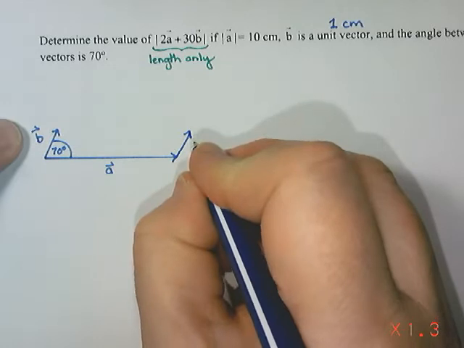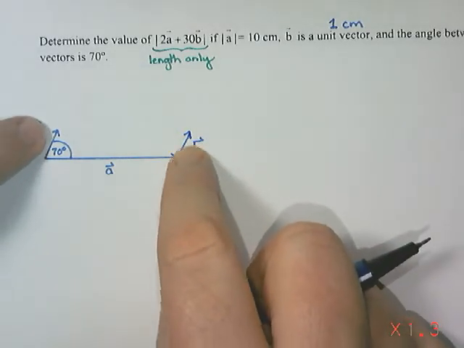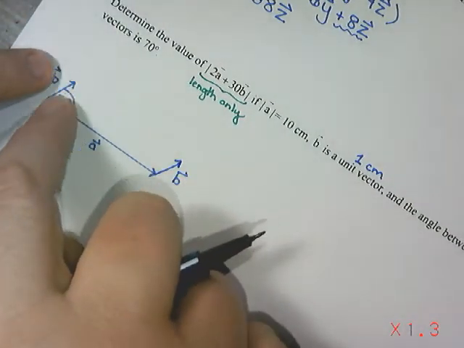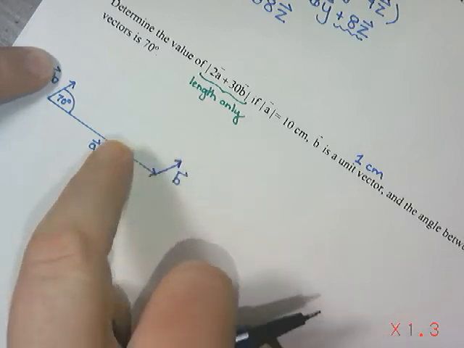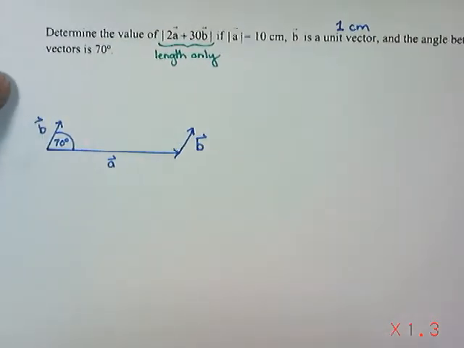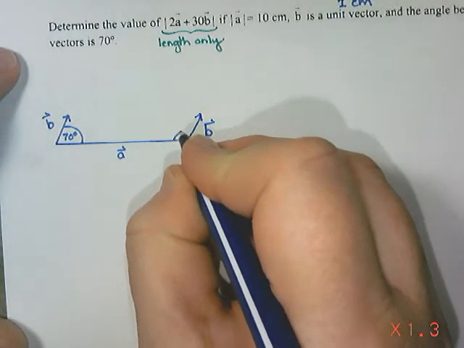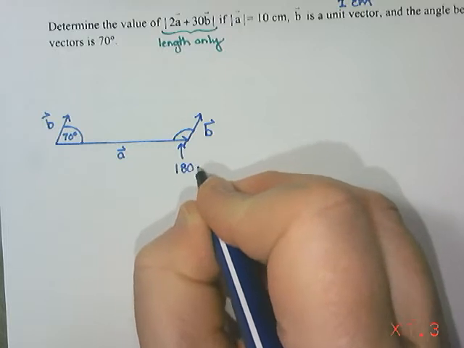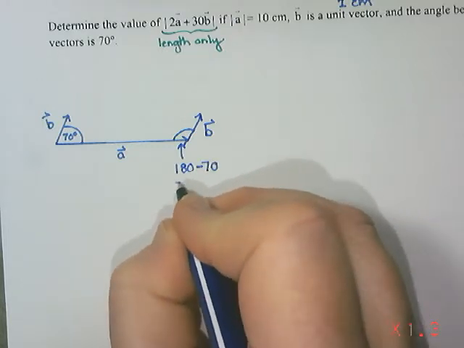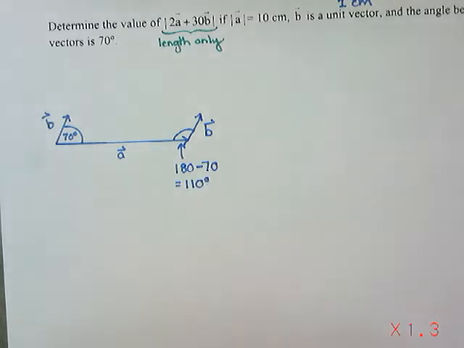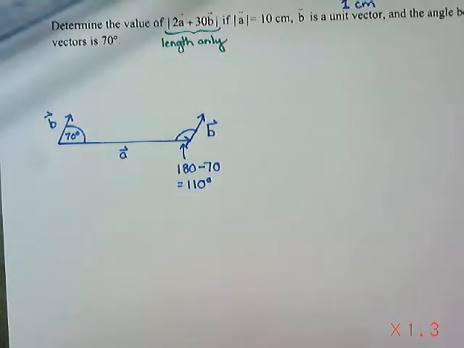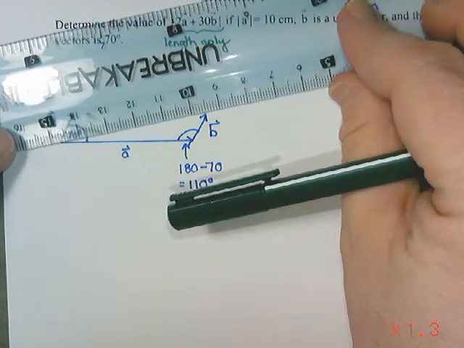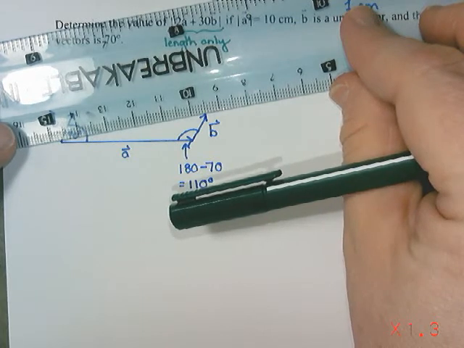Because this is still vector B, it is parallel to the original vector B, which makes this a C pattern between our parallel lines. So angles in C pattern add to 180 degrees. So this angle here should be 180 degrees, take away 70 degrees, or 110 degrees. And then our resultant vector goes from where we started at A to where we ended at the end of B.